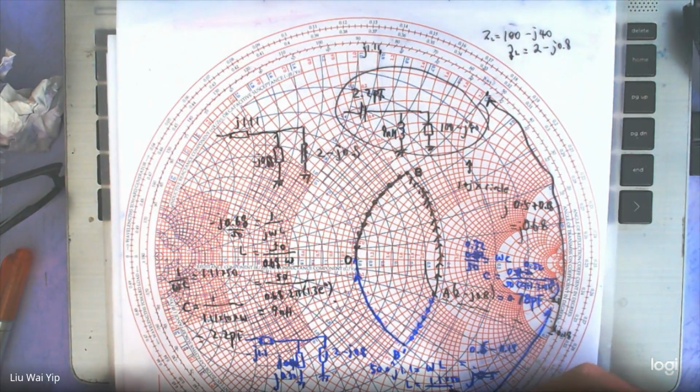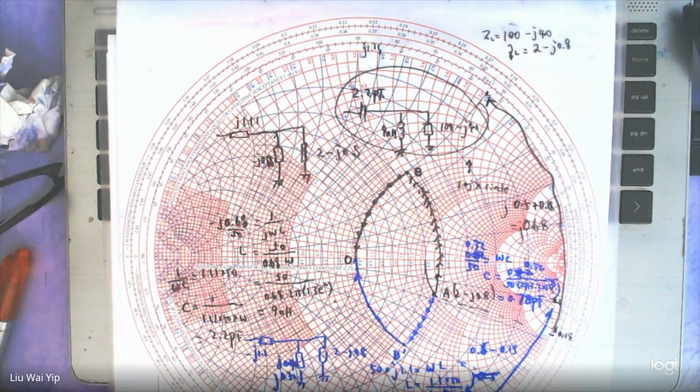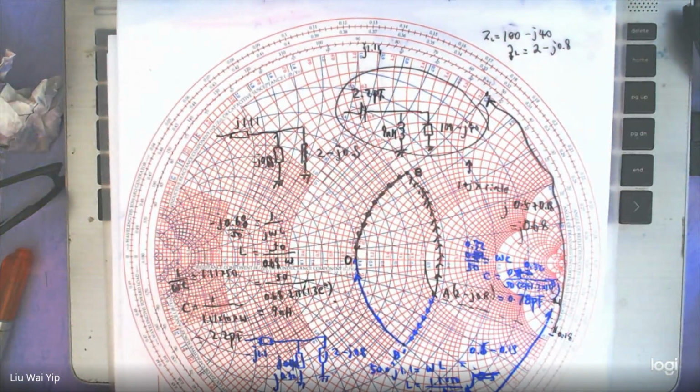So 50, and then 2 pi 1.3 times 10 to the 9. So from here, you will get 7 nano.